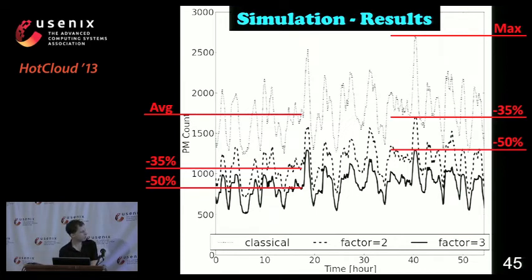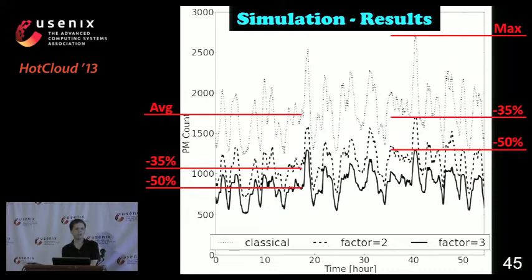So these are the results. Classical here is just one preallocation factor. So no preallocation, just one physical machine running one virtual machine. Isolation, but no multiplexing. And then we have factor 2 preallocation and a factor of 3.